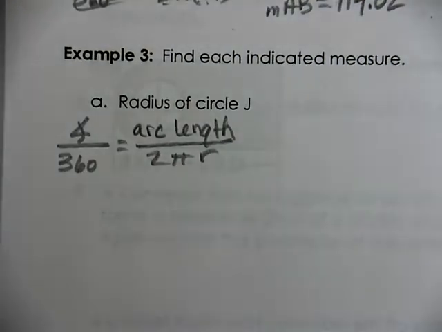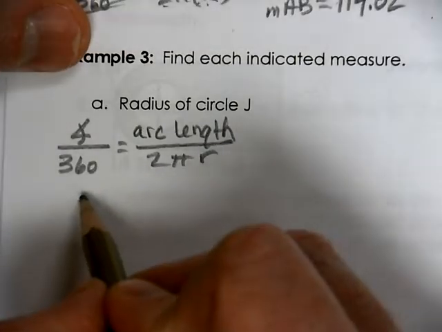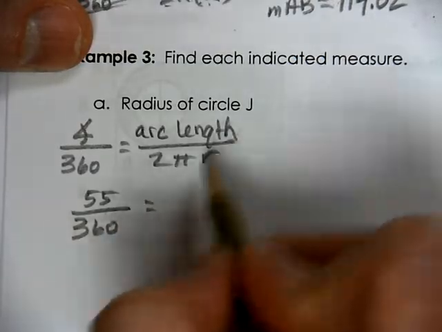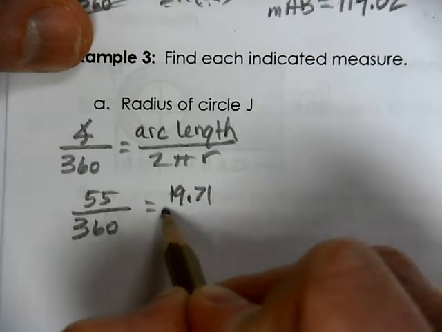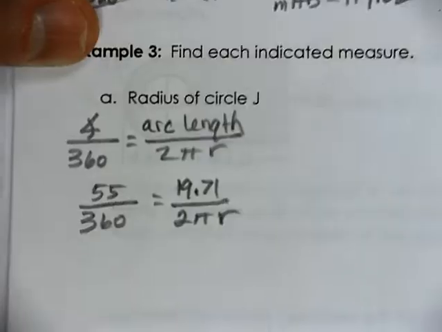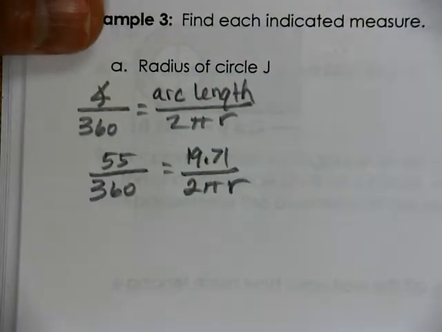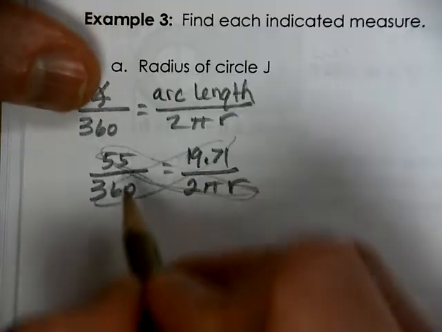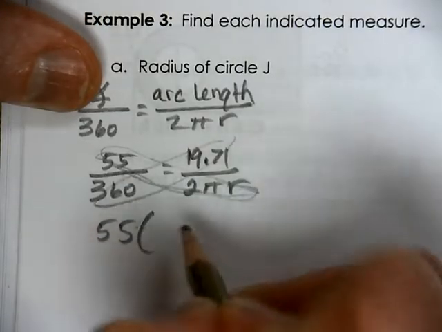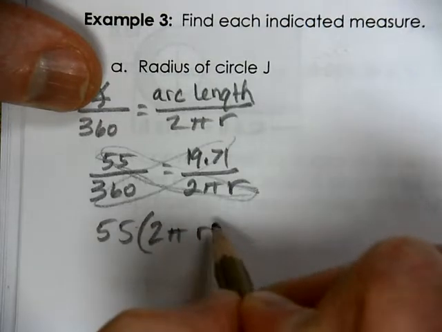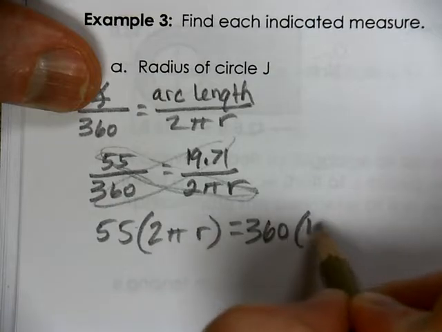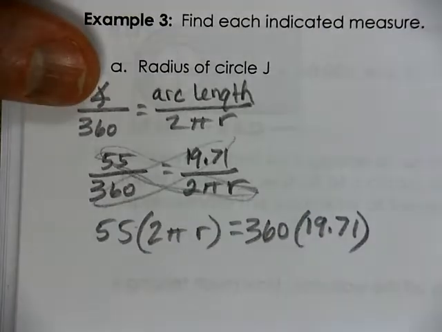If we're going to find radius, we're going to use our formula with r. So we know it's 55 degrees over 360 equals our arc length over 2 pi r. And r is what we're obviously trying to solve for. So we do have to bring it to the top of the fraction. So that's 55 times 2 pi times r equals 360 times 19.71.